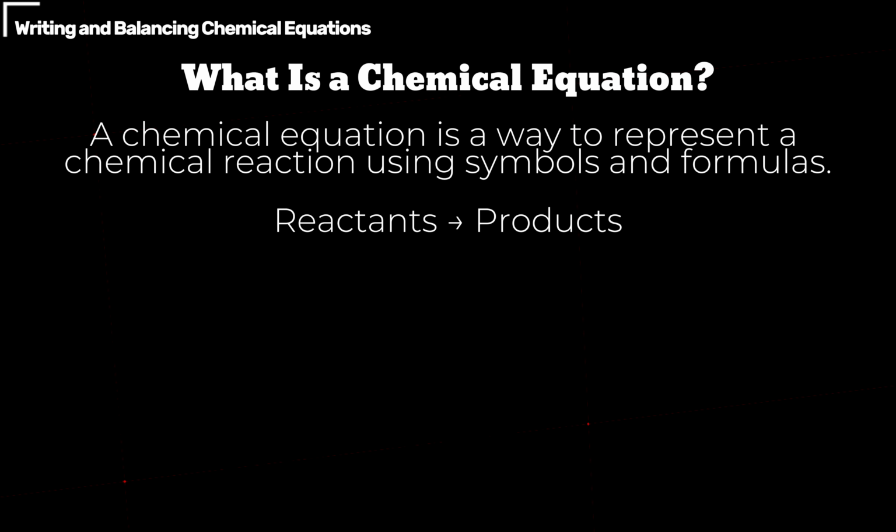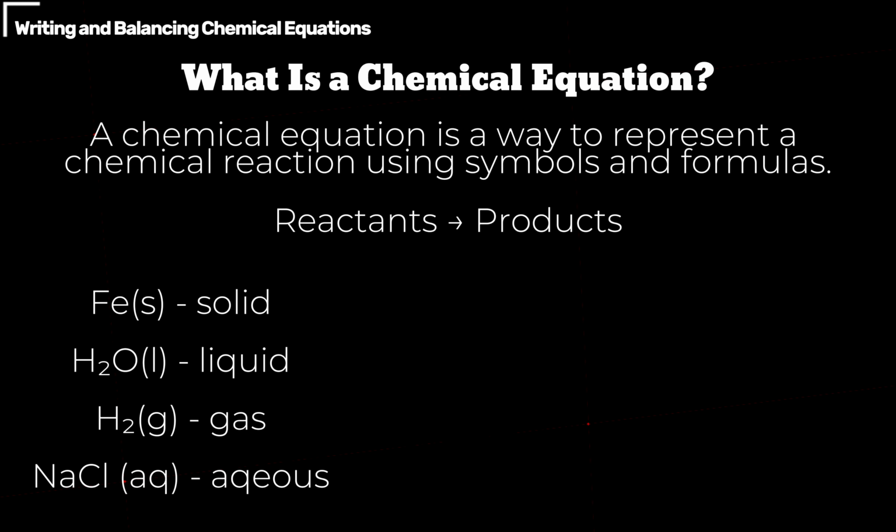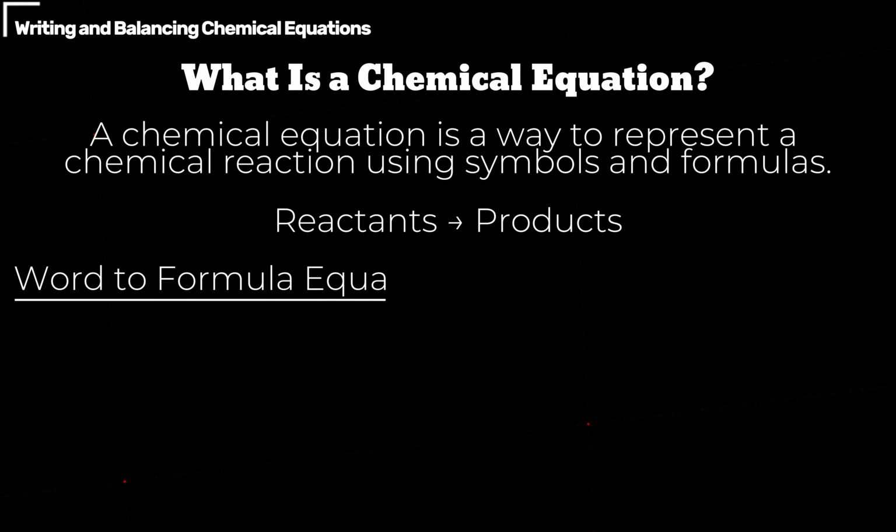Also in equations, we normally put the state, like S in subscript representing solid state, L representing liquid state, G representing gaseous state, and aq representing aqueous, that means dissolved in water. So we can write word equations and then the symbols.